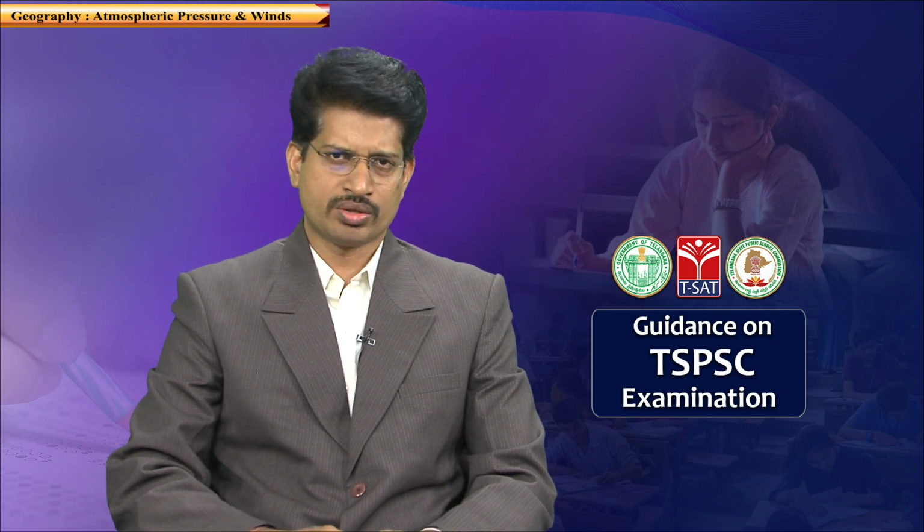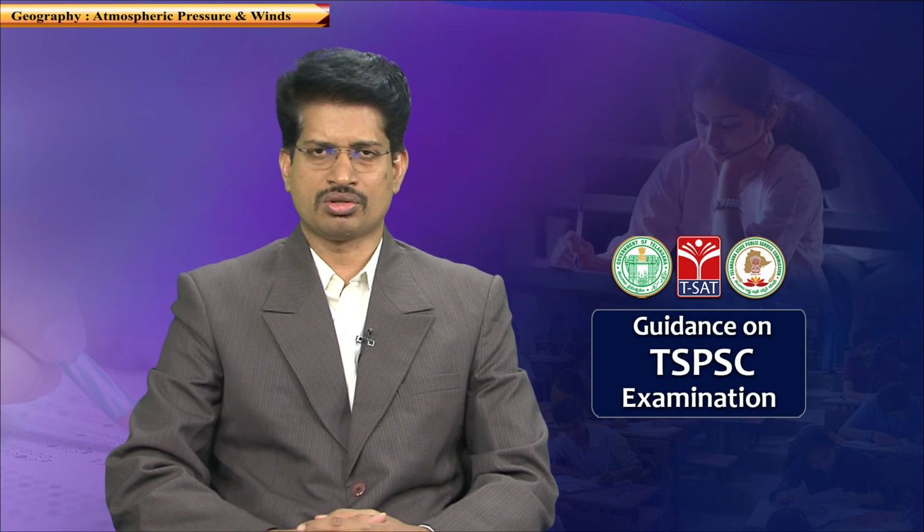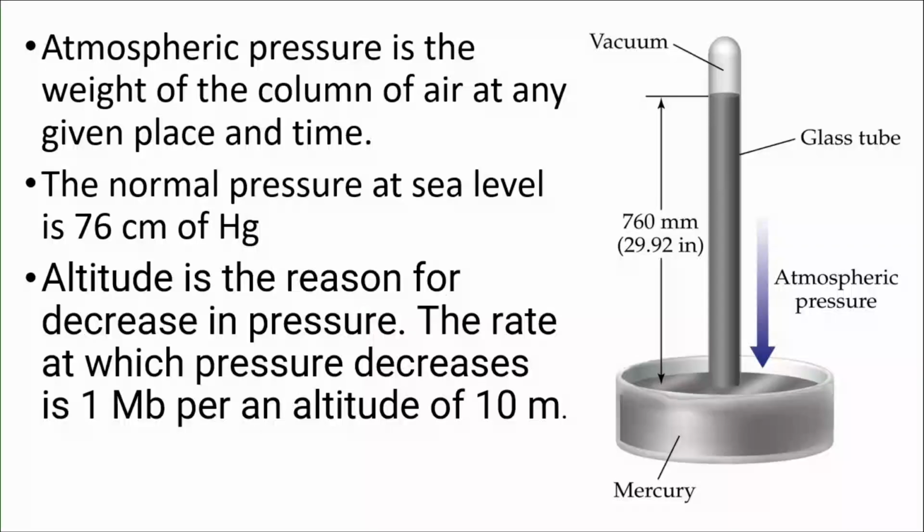On the screen we can see a kind of tumbler containing mercury, and a meter-long pipe completely filled with mercury, which is closed at one end and open at the other end. The open end of the pipe filled with mercury is inverted into the container containing mercury.